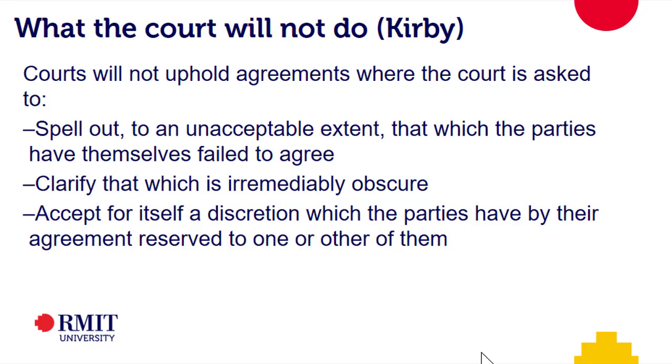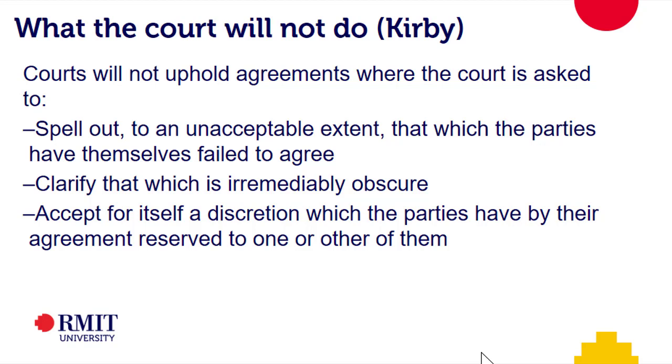So Kirby actually goes on really helpfully here to talk about what the courts won't do. Courts will not spell out to an unacceptable extent that which the parties have themselves failed to agree. The courts will not clarify that which is irredeemably obscure. And the courts will not accept for itself a discretion which the parties have by their agreement reserved to one or other of them.